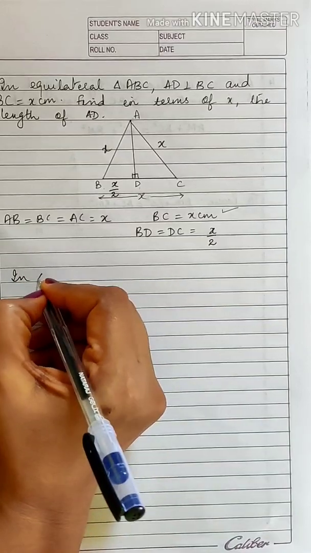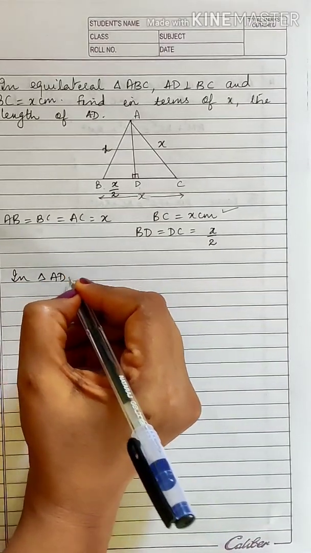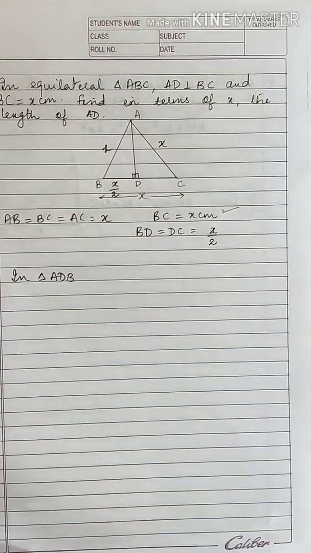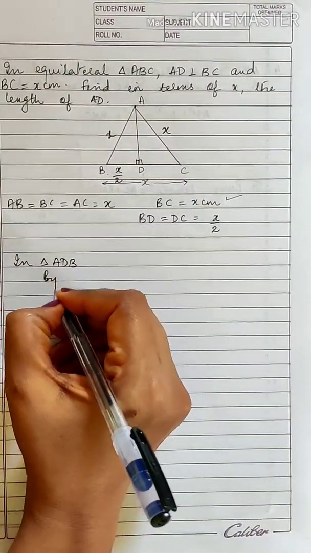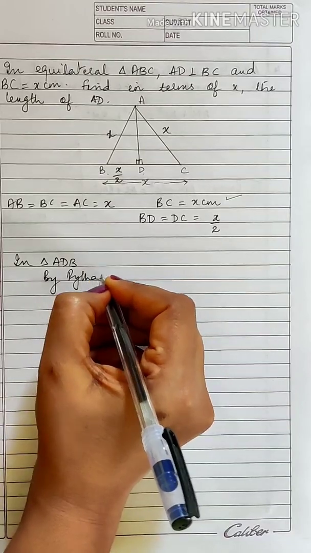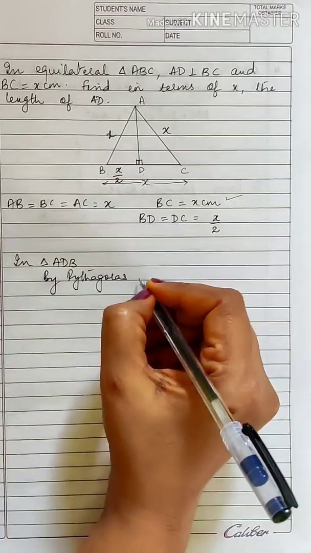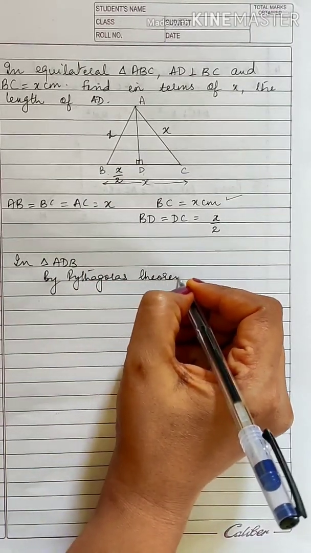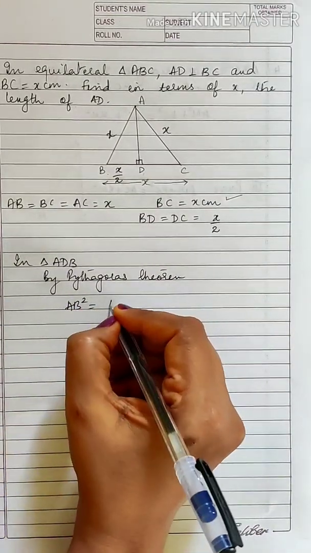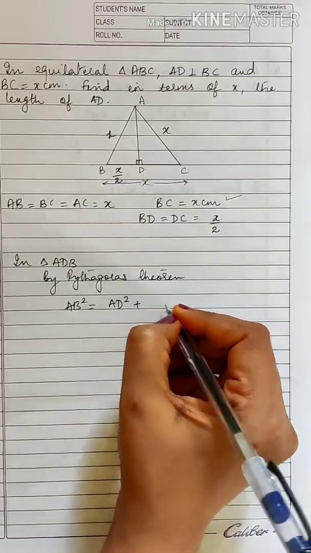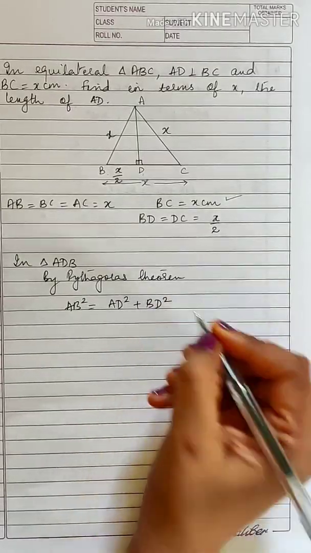Now in triangle ADB, which is a right angle triangle, you will apply Pythagoras theorem here, and you get AB square is equal to AD square plus BD square.